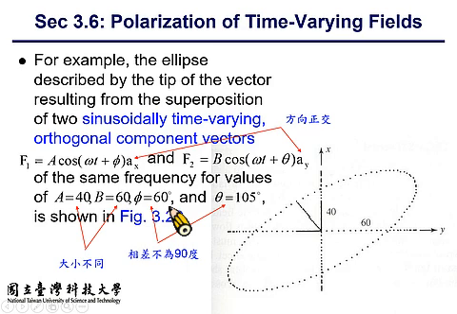So for any axial ratio in between, they are the so-called elliptical polarization. So there's another way to determine the property of wave polarization.